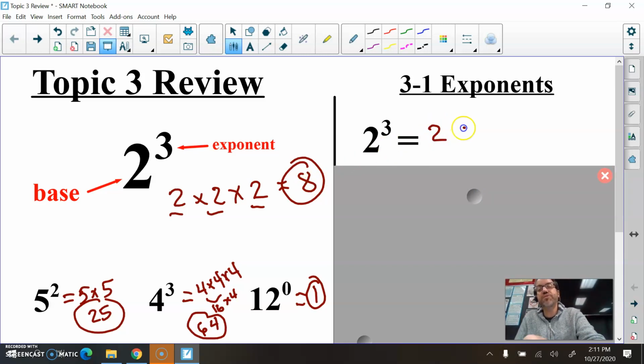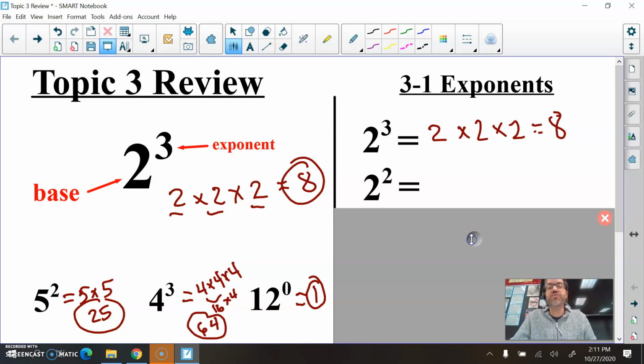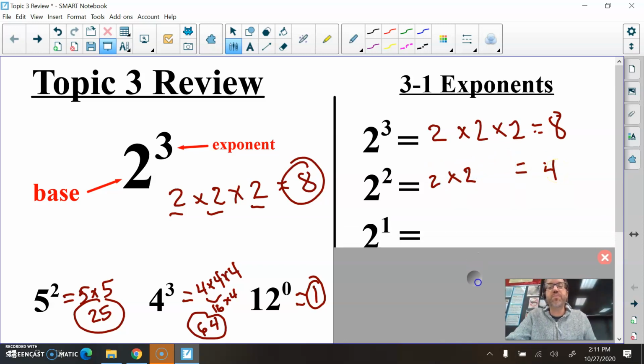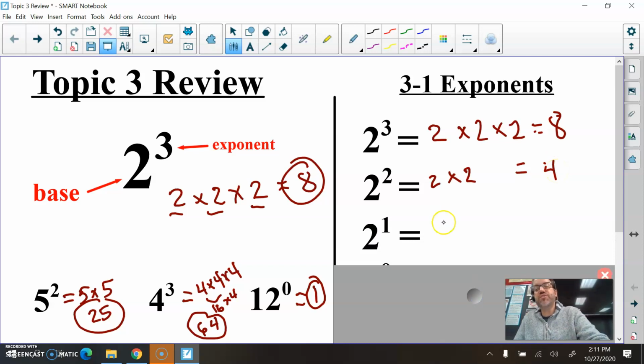It's 2 times 2 times 2, which is 8. What if I have 2 to the second power, 2 squared? Well, that just means 2 times 2, which is 4. What if I have 2 to the first power? Well, that's just 2. We only have it once as a factor, so its value is 2.